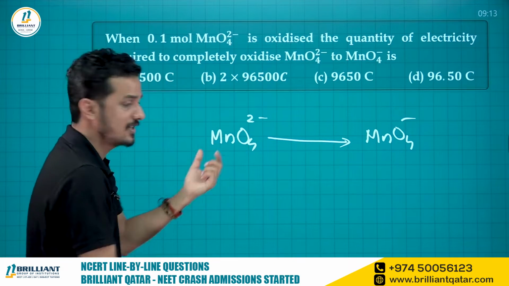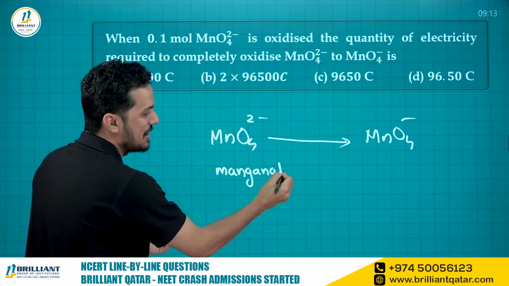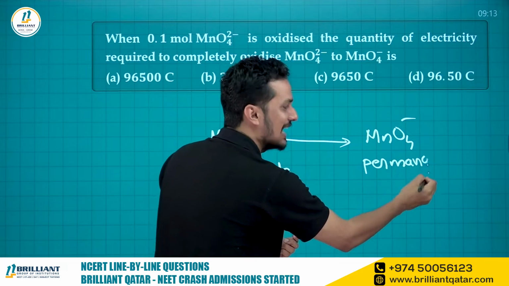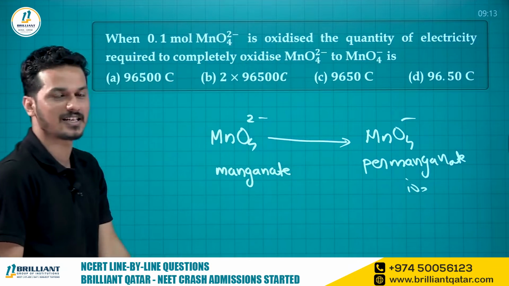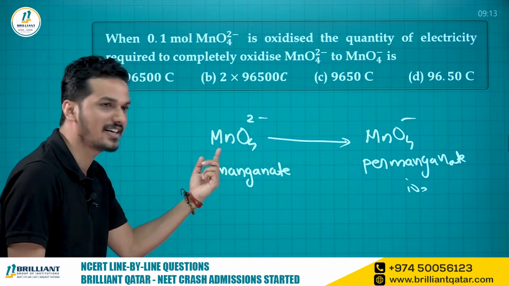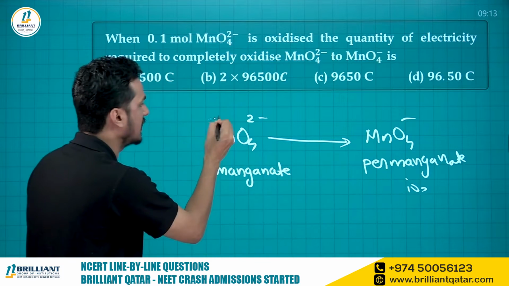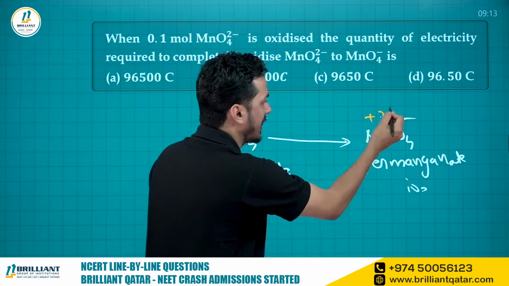This is manganate ion. This is permanganate ion. So what's the oxidation state of manganese in manganate ion? You know how to calculate, and I am writing +6. And in potassium permanganate it is +7.